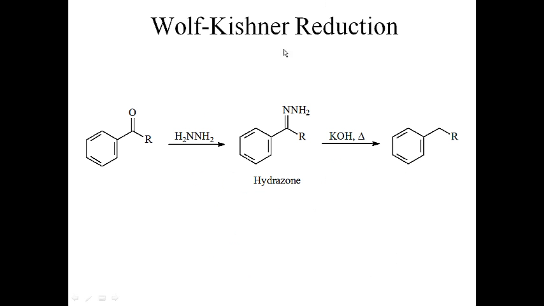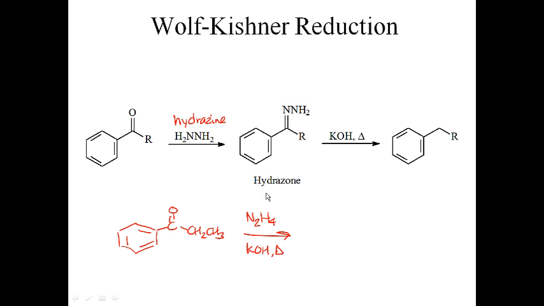And Wolff-Kishner reduction involves reacting the phenyl ketone with a molecule called hydrazine, and then followed by KOH and heat. So if I did that same reaction that I just did on the previous slide, I have my reaction of the propyl acid chloride with aluminum trichloride to make this phenyl ketone, and I did Wolff-Kishner on it, I would say, okay, I'm going to react this with N2H4, KOH, and heat.